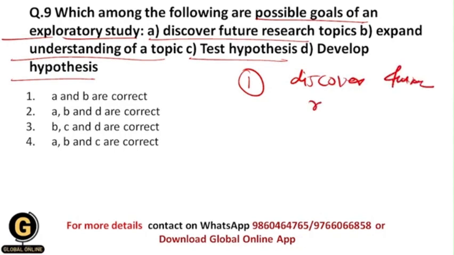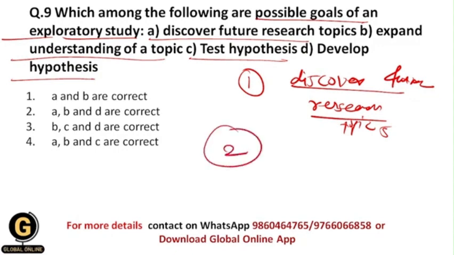Okay, future research topics, because here we don't have that much information about the future research topic, and that's why within the exploratory study we are going to collect the preliminary data so that we can discover future research feasibility and future research topics. Now the next one is expand understanding of a topic.